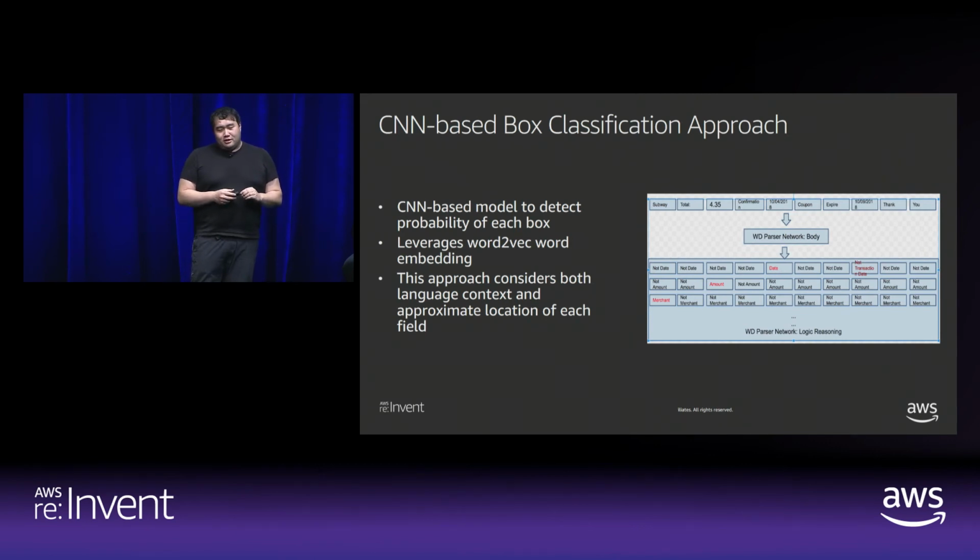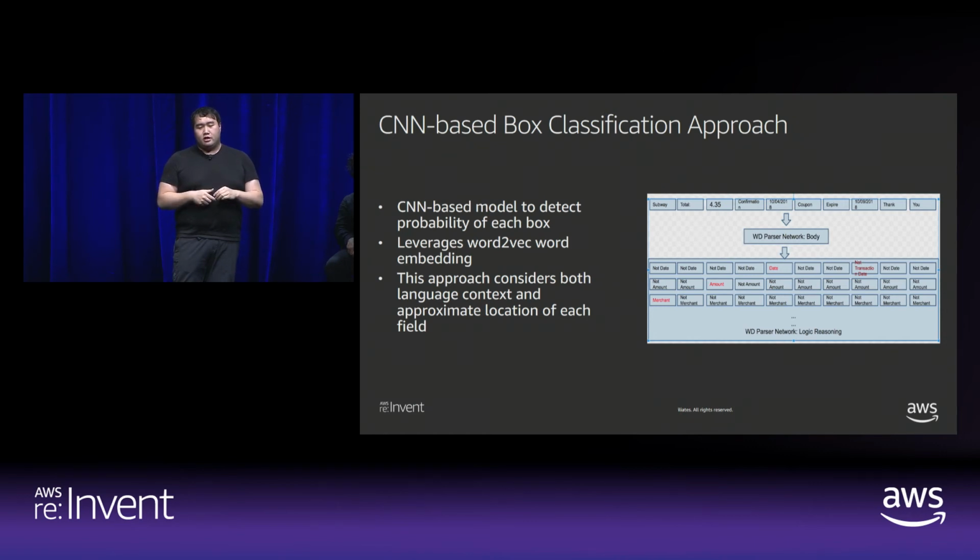How we handle that situation is we use a CNN-based approach to classify each box that we recognize. When we first figure out where the texts are, we take those boxes and do some classification on them, and we leverage the word2vec embedding. This approach will consider both language context and also the approximate location of each field.